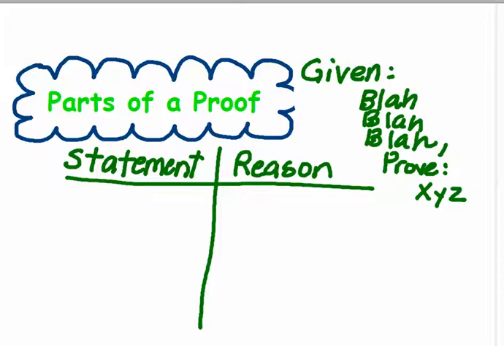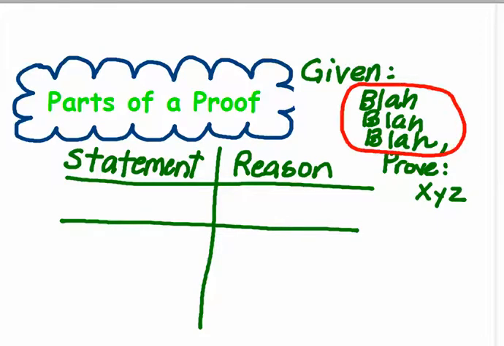Okay. So let's start out with what would be in this proof. At the very top, the very first statement or statements would be your blah, blah, blah stuff, whatever they gave you. You basically just repeat it or copy it right down here. Sometimes if there's been multiple pieces of information given, people write it all on one line.